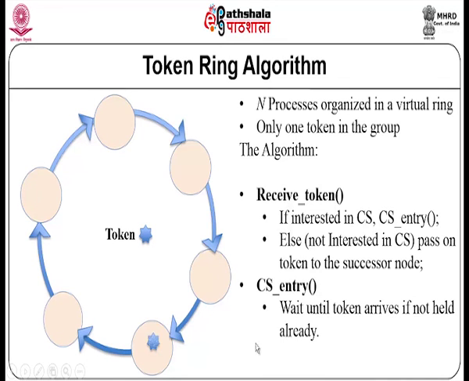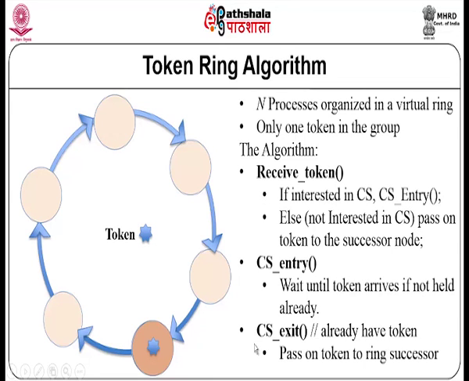In CS entry, if a process is interested in entering the CS, it will wait till the token arrives, and when the token has arrived, it will hold the token, not let the token pass, and execute the critical section. On completion of the work in the critical section, it will execute a CS exit, in which case it will simply pass the token to the next process and so on. Then the token will again do its round around the ring, and when it comes to another CS entry, it will stop.